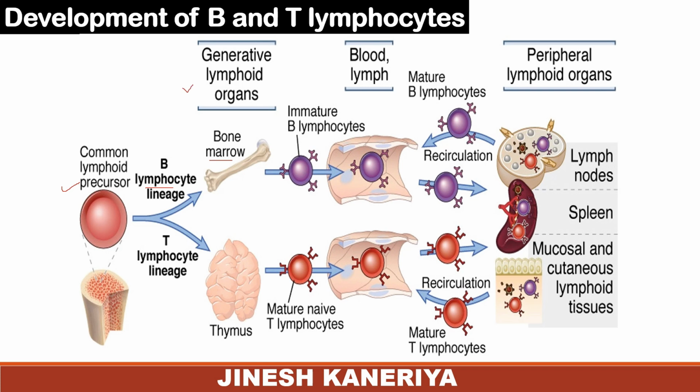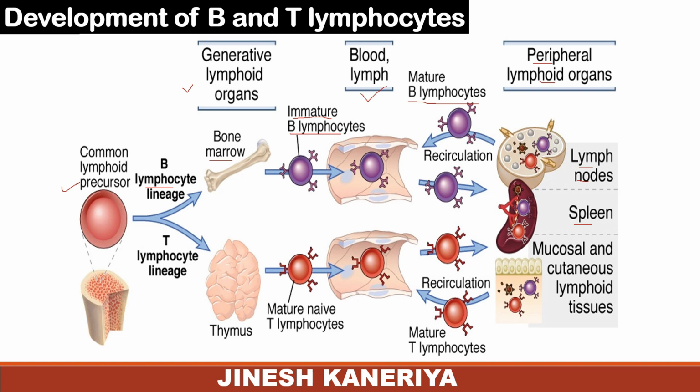Then the immature B lymphocyte is transferred into the blood and lymph, where it converts into the mature form of the B lymphocyte. It is then transferred to peripheral lymphoid organs like the lymph node or spleen, and then recirculated into the bloodstream.